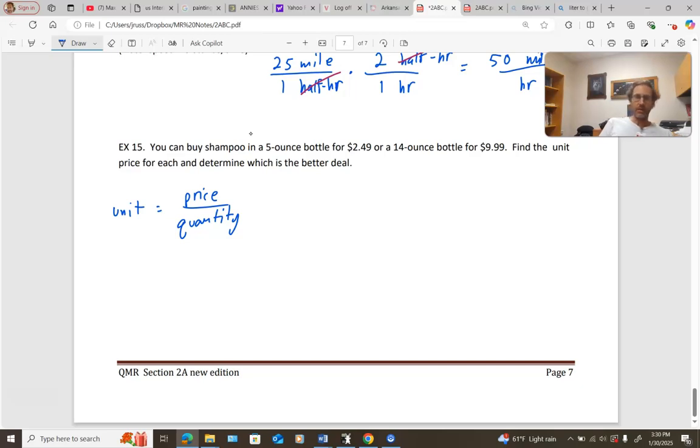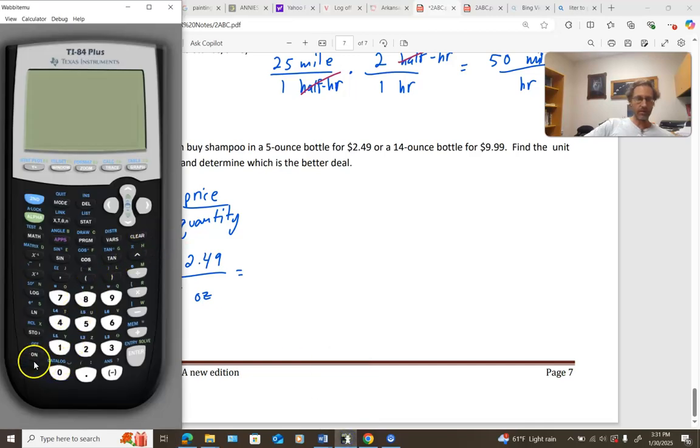Okay. All right, so for the 5-ounce bottle, the price is $2.49, and the quantity is 5 ounces. And so we're going to divide this out, and that'll give us the price per ounce. So $2.49 divided by 5.